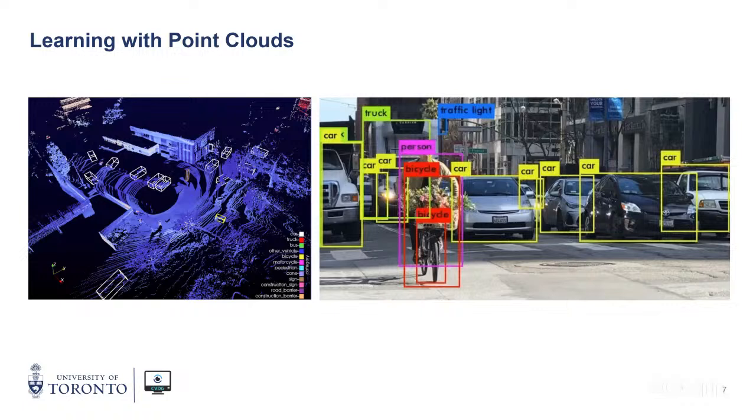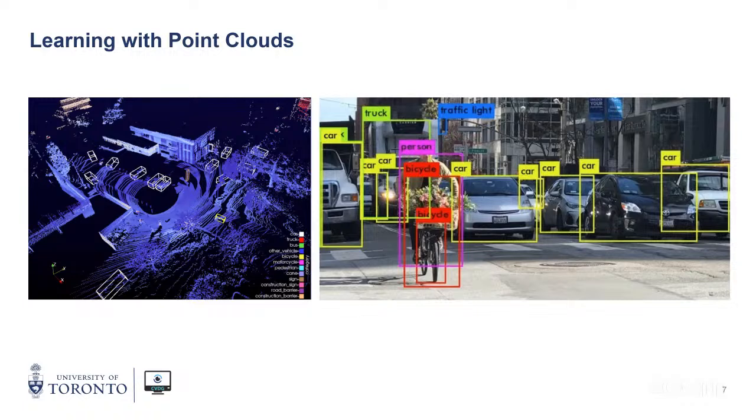And there's also a lot of interesting questions we can ask when we're performing learning with point clouds. Let's say I'm designing a self-driving car and I want to ask, maybe I want to use a regular camera where I just get images, or do I want to use something where I get these point cloud structures? Do point cloud structures give me more information?